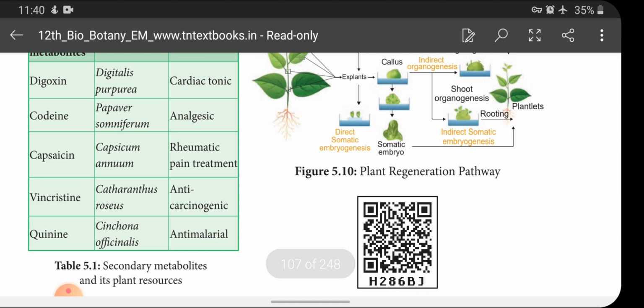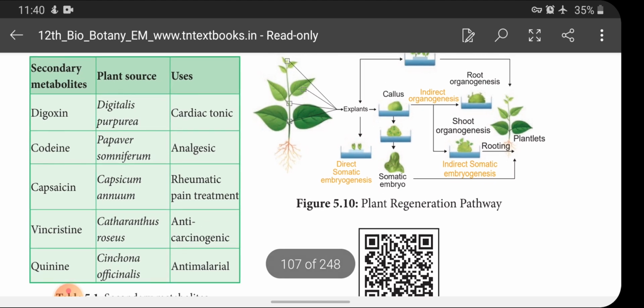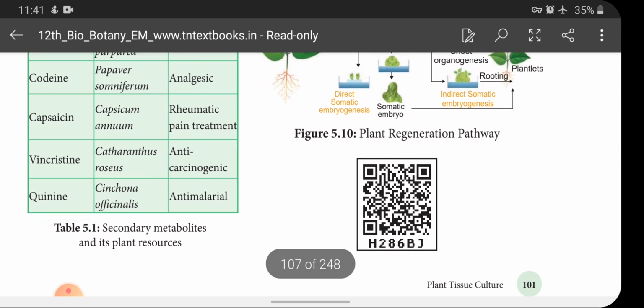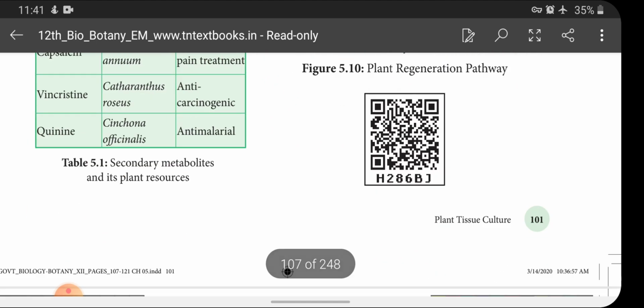Then vincristine, obtained from Catharanthus roseus, used as anti-carcinogenic, meaning treatment against cancer. Then quinine, obtained from Cinchona officinalis, anti-malarial, the treatment against malarial diseases.